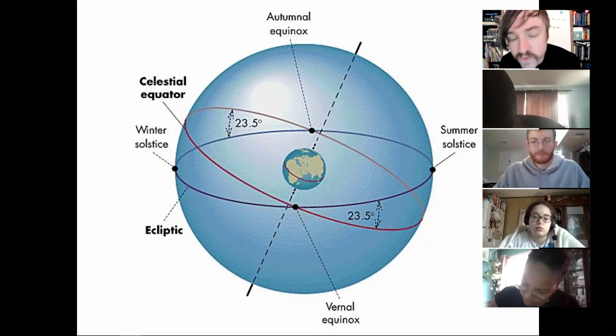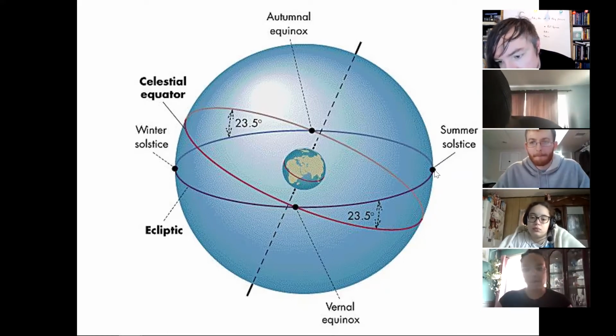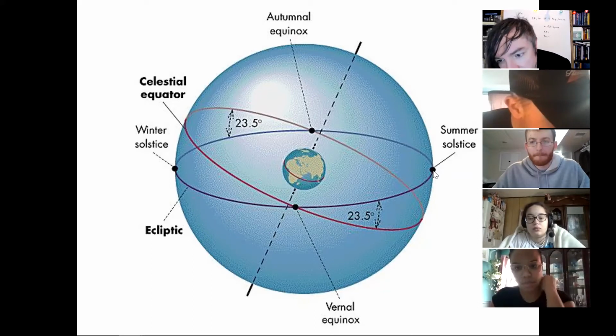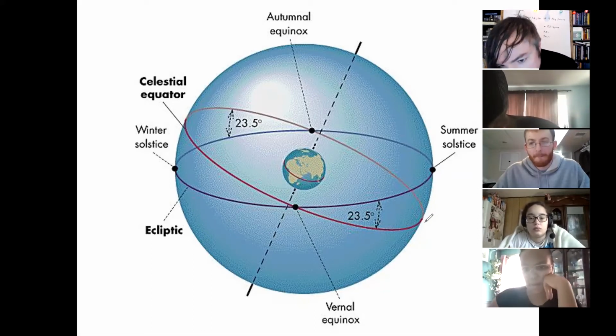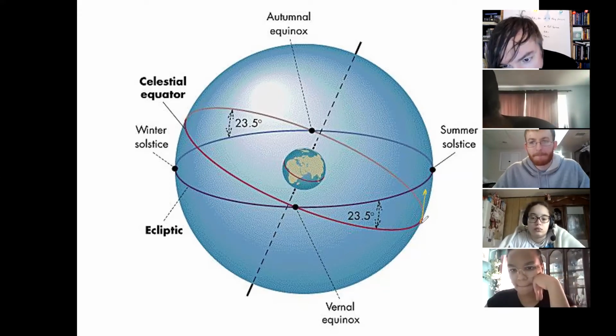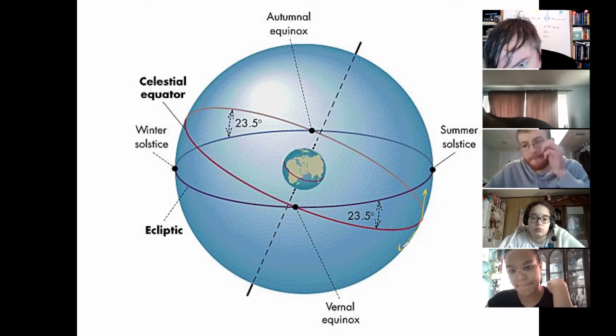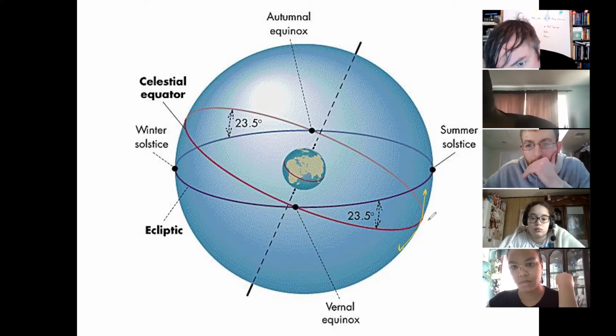Okay, so Sabrina, let's think about how Nick just used those two definitions to figure out what the coordinates of this point were. Let's just slow down and see what happened here. To give the declination, he used the definition, it's your degrees positive or negative from the celestial equator. So he started at the celestial equator as close as he could get to the summer solstice.